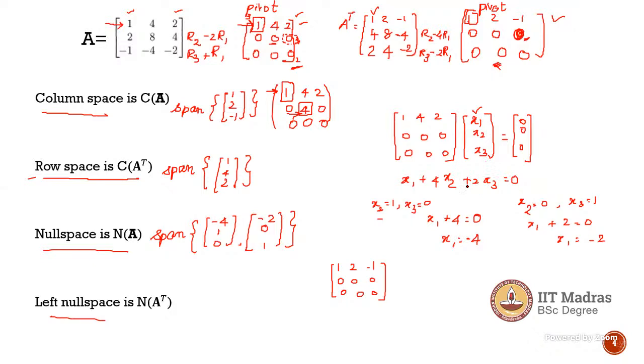Ma'am, the standard, whenever we have free variables, we take one of the free variables as 1, another as 0. Is that right? Yeah. Just to add one more point, the reason we take 1, 0 and 0, 1 is because that's the identity matrix that we studied in Maths 2 with image and kernel.